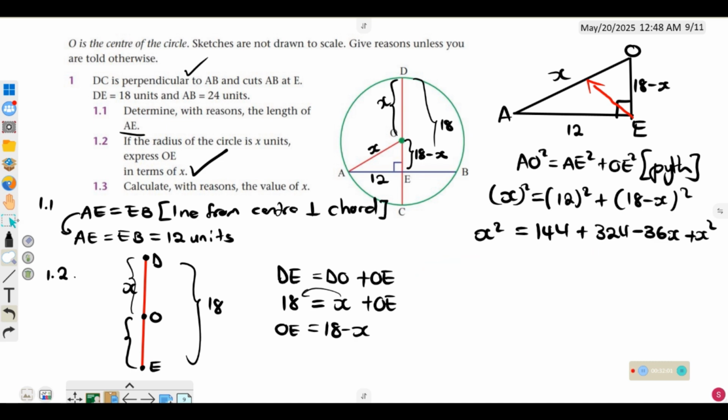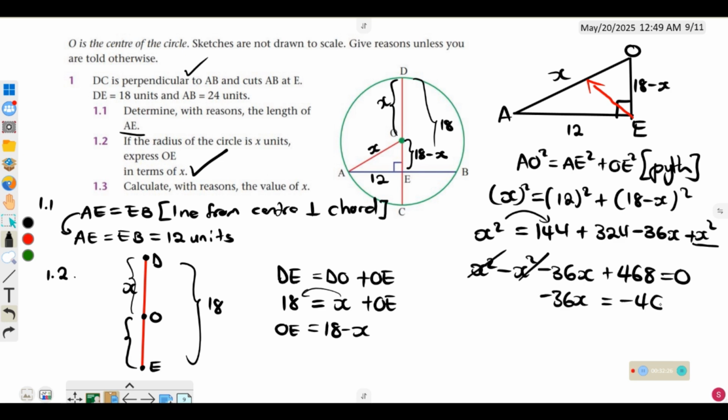Now let's transpose this to that side, which means we have x squared minus x squared, then minus 36x, and 144 plus 324, which gives 468. So 468 plus 468 equals 0. This cancels that. Then we have minus 36x, transpose the minus 468, divided by negative 36 on both sides.